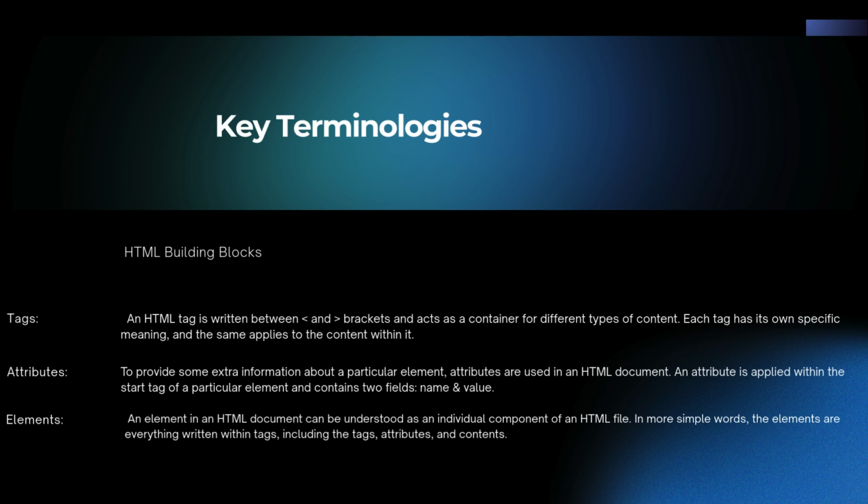This is going to form a major part of our second session. An element in an HTML document can be understood as an individual component of an HTML file. In simple words, elements are everything within the tags, including tags, attributes, and contents.